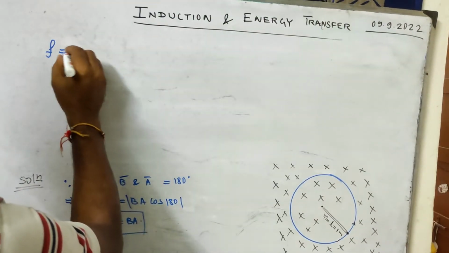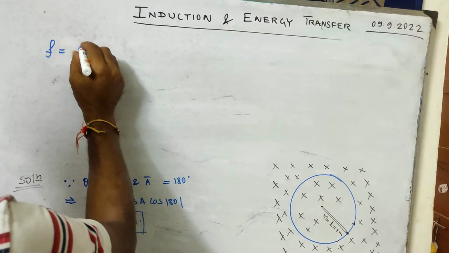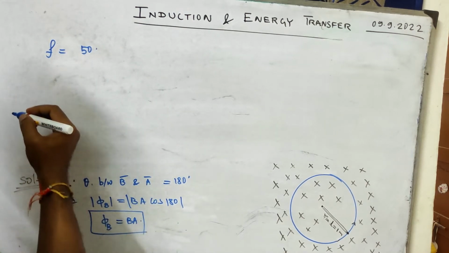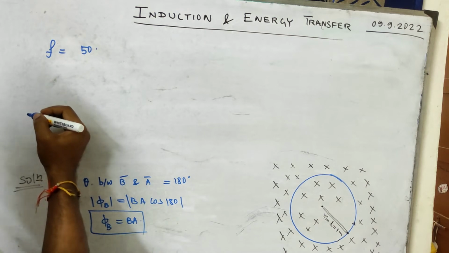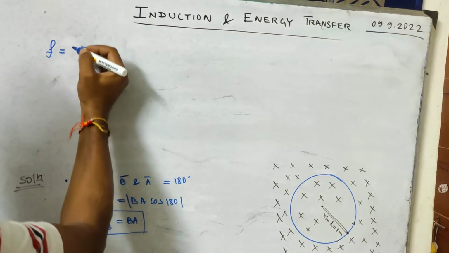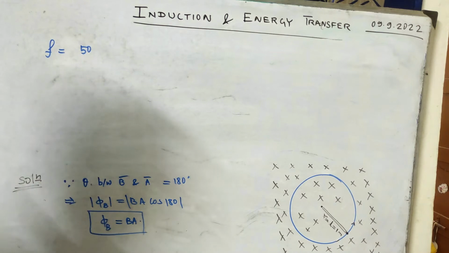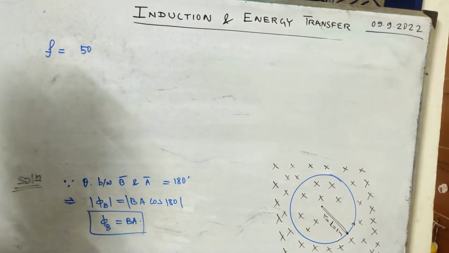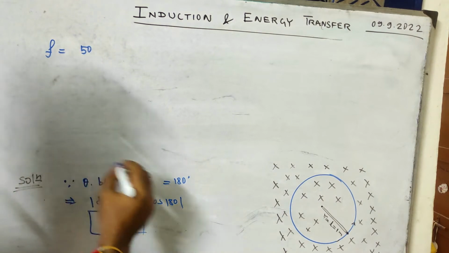The frequency is 50. So in 1 second it is covering 50 cycles. 50 hertz means in 1 second 50 cycles, so per second it is 50 cycles.